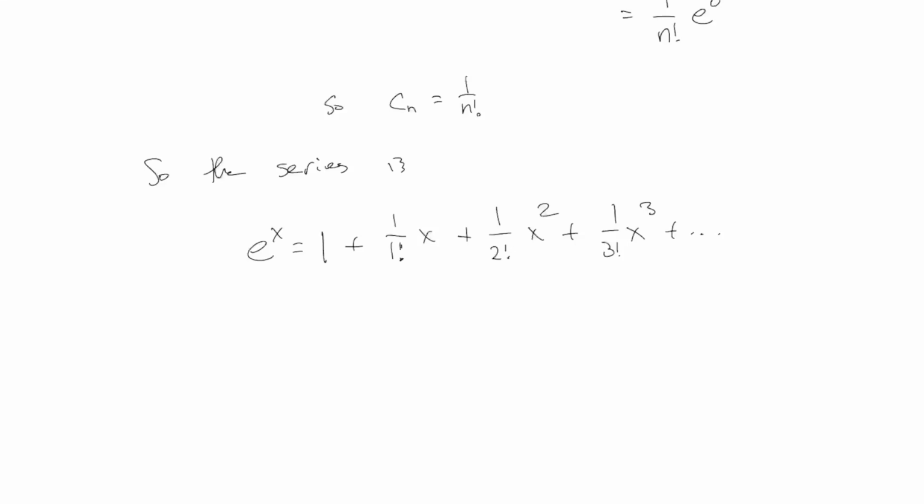If you like, you could write it as a summation. Each term is just 1 over n factorial times x to the n. You have to start at n equals 0. All right. That's the series. This is the Taylor series for e to the x, or more specifically, this is the Maclaurin series for e to the x. All right.